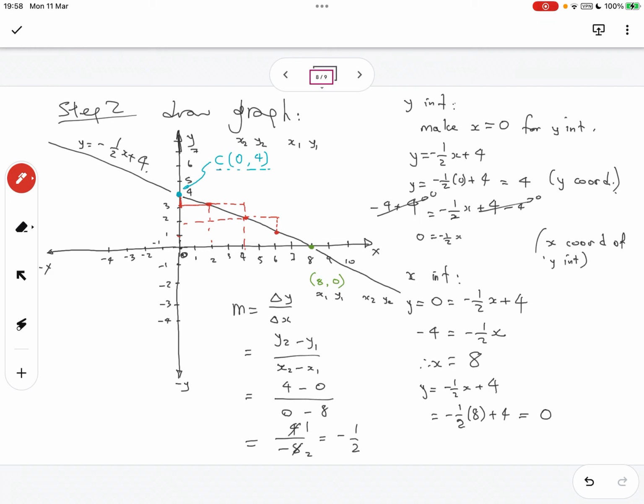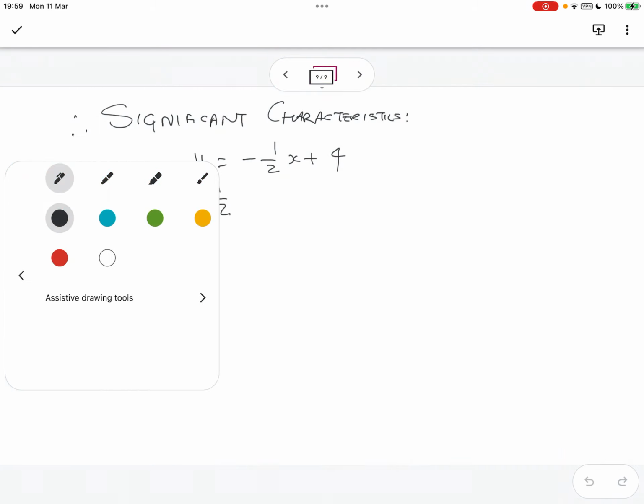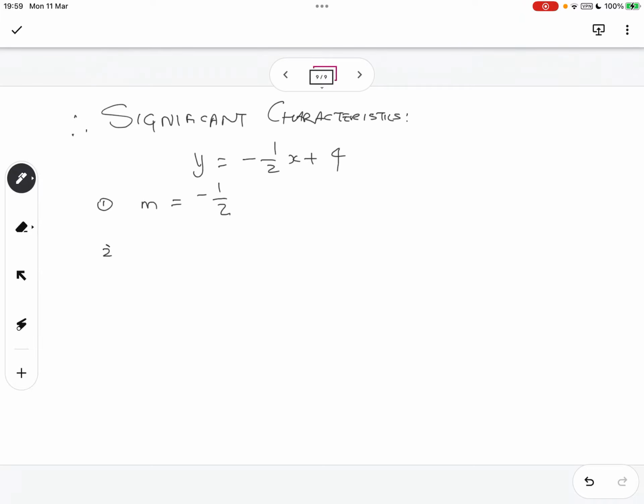Each of those points is on the straight line: the points (2, 3), (4, 2), (6, 1). Even if you substitute these into the straight line, the math does add up and it is correct. So our gradient is indeed negative a half.